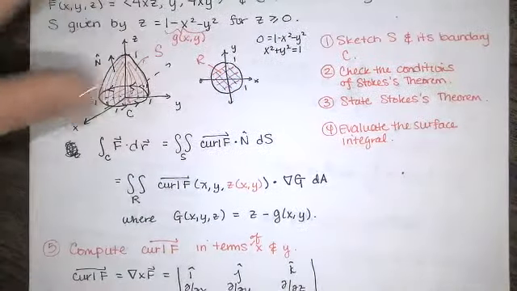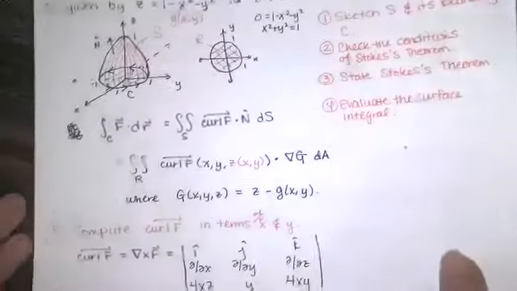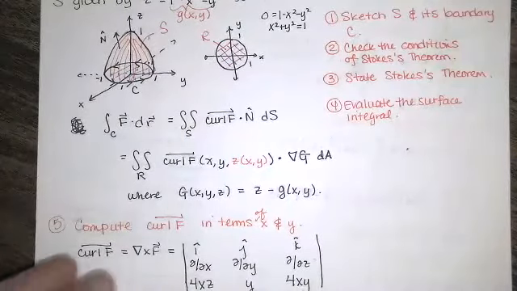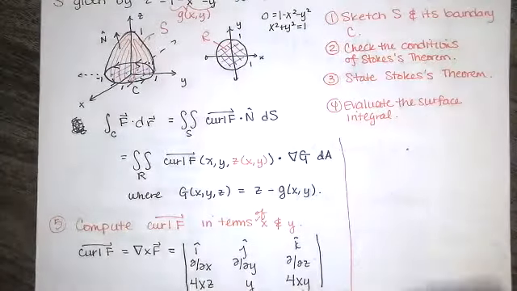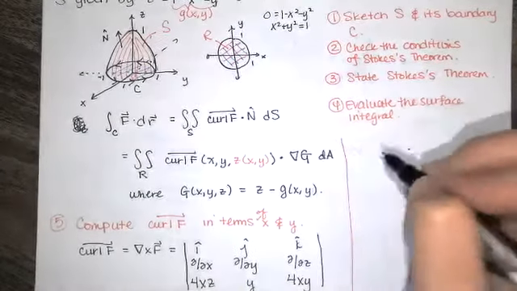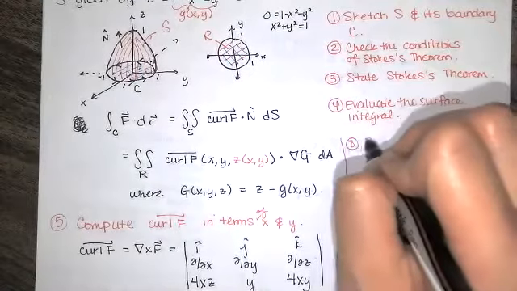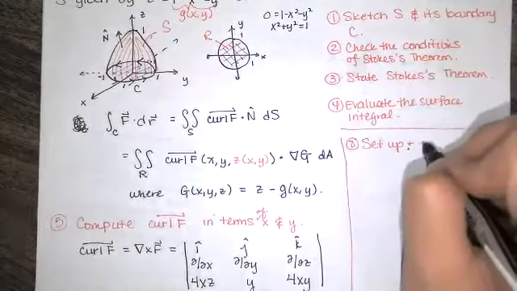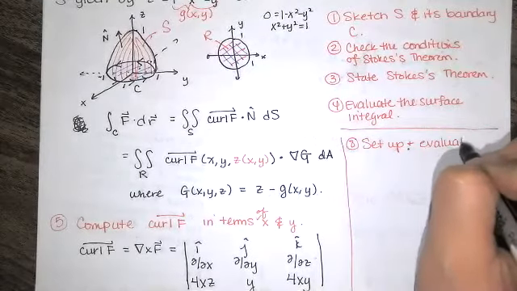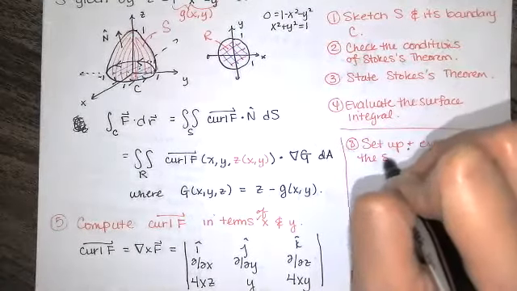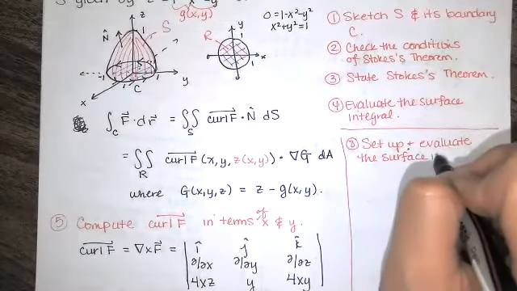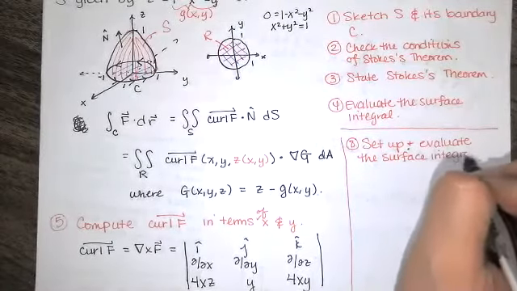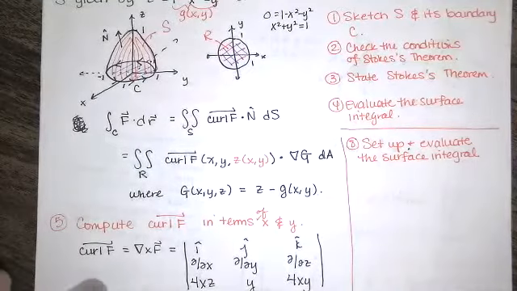We probably want to go to polar coordinates. So let's do it. So we'll set up and evaluate that surface integral. I think this one was probably much easier as the line integral. We'll see in a little bit.